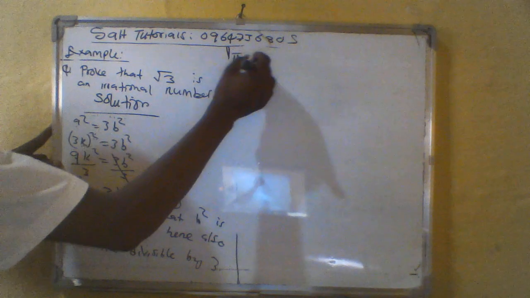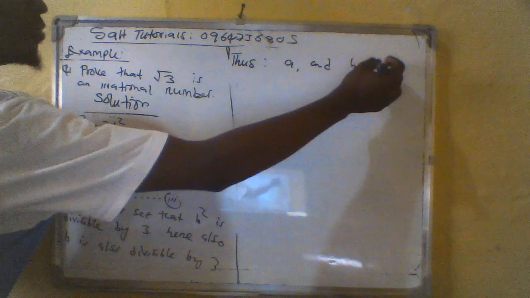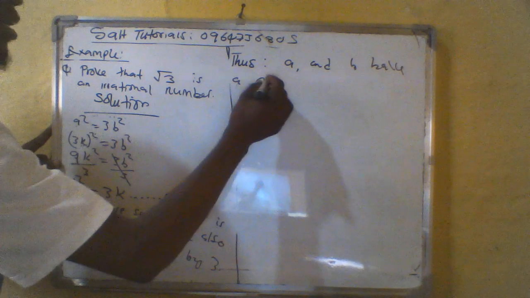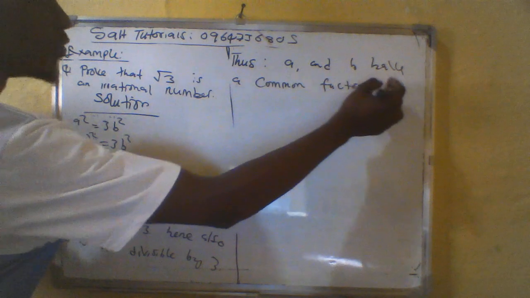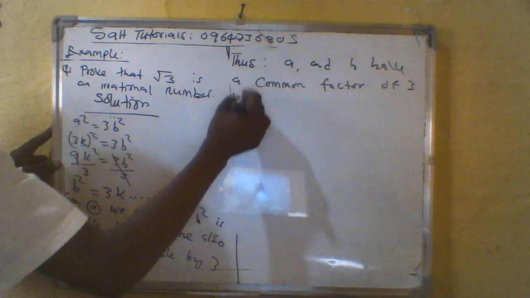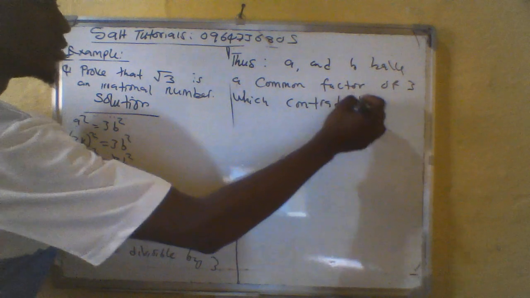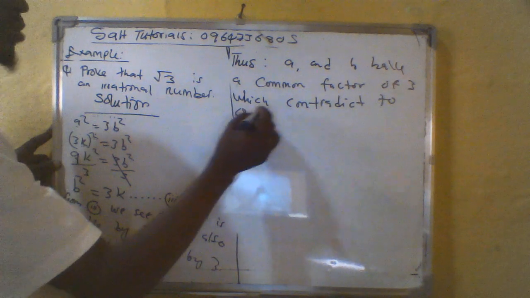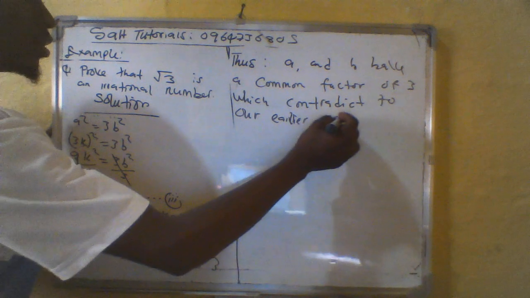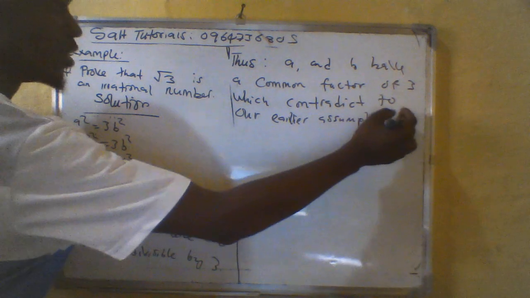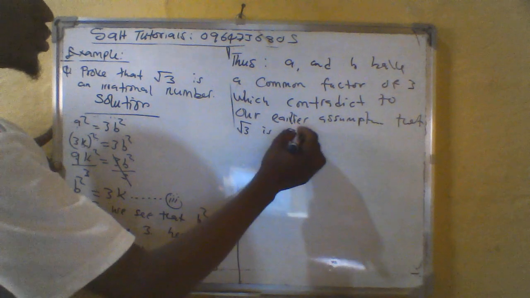Thus, a and b have a common factor of 3, which contradicts our assumption that root 3 is rational.